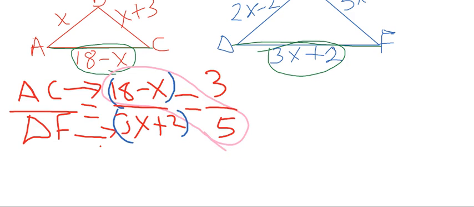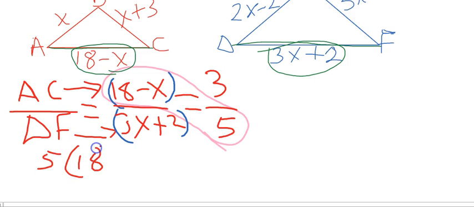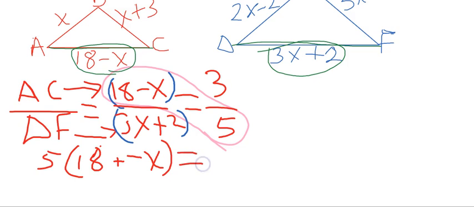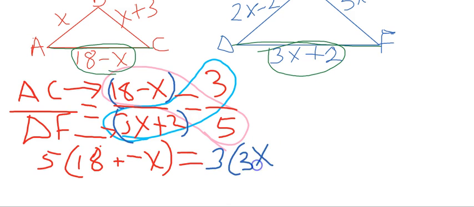So we have 5 times 18 minus x, so one loop equals the other loop, which is this part. Are you with me? Okay. So what's that? Which is 3 times 3x plus 2.